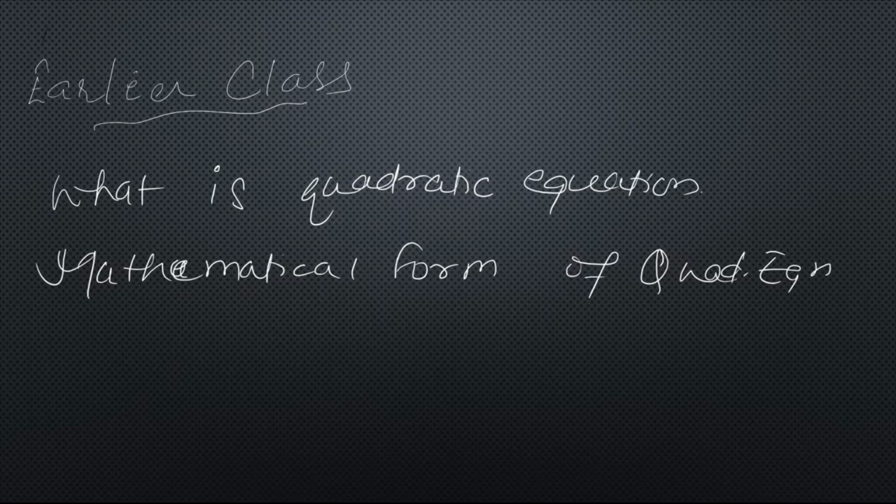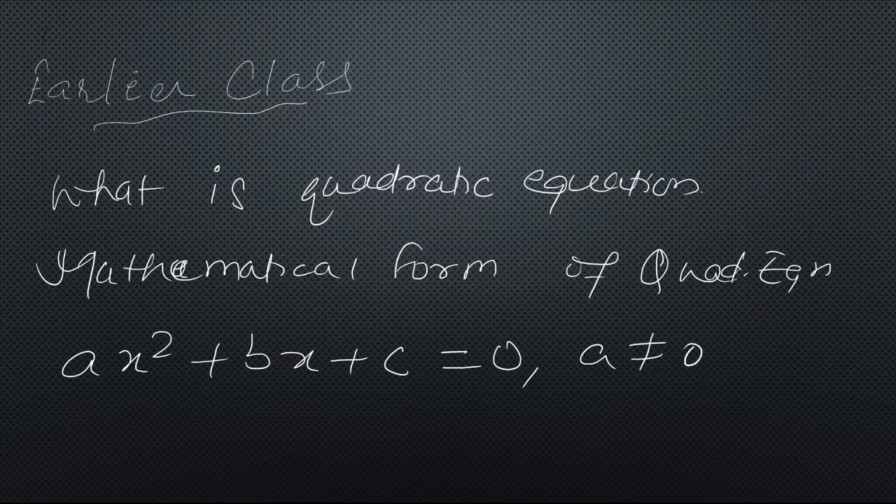So what was the mathematical form? ax square plus bx plus c is equal to 0, where a is not equal to 0 and a, b, c are real numbers. Okay, right? यही था ना?